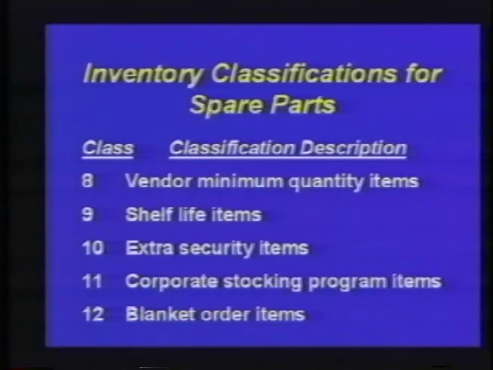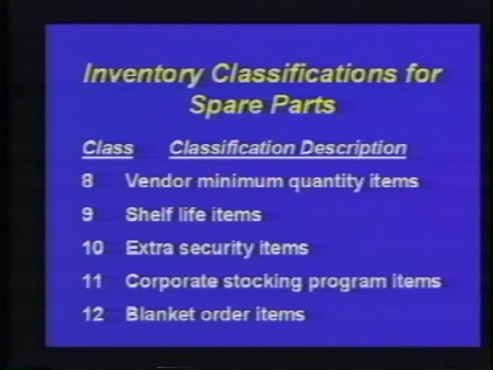Those items are identified as inventory class 11. You may set up a blanket order system for a supplier, issue one purchase order at the beginning of the year or the beginning of your fiscal year, and then release against that on periodic requirements, and those items would be identified as inventory class 12.